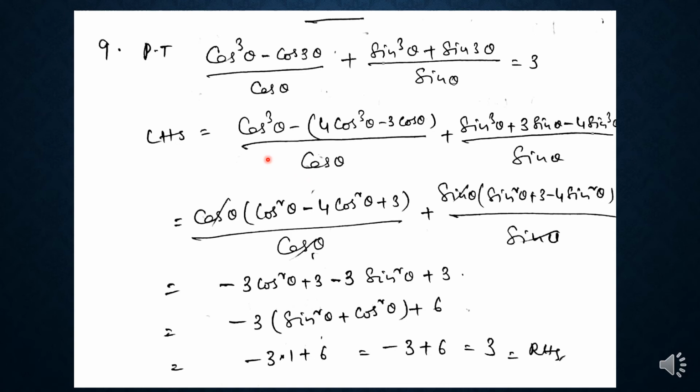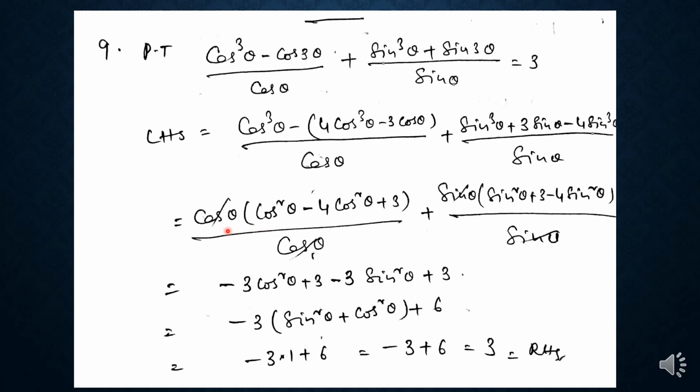Here, taking cos theta as common in the numerator, cos theta into cos square theta minus 4 cos square theta, and in this term also taking cos theta as common, minus into minus, plus 3.